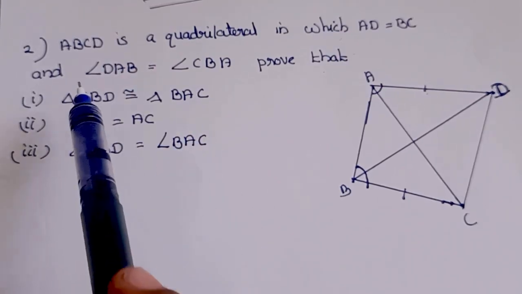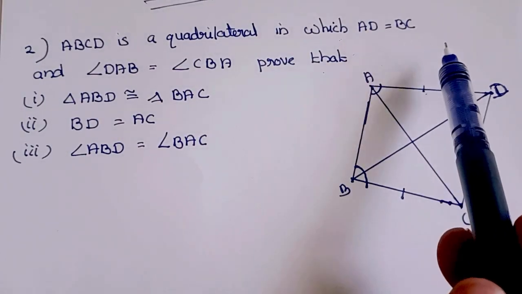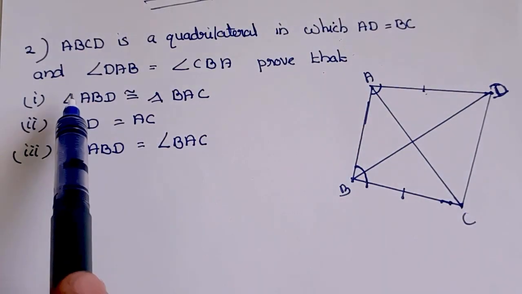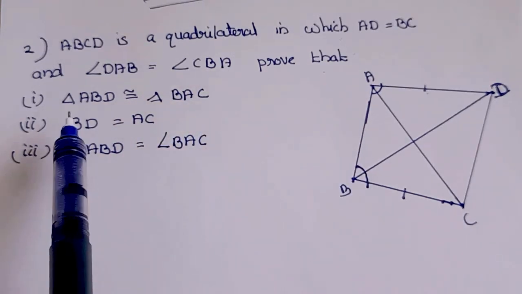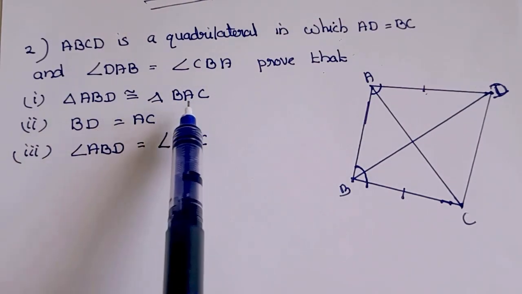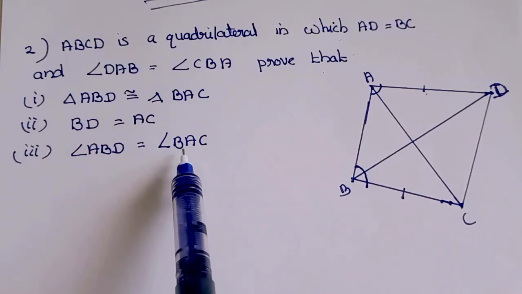Second question. ABCD is a quadrilateral in which AD equal to BC and angle DAB equal to angle CBA. Prove that triangle ABD congruent to triangle BAC, BD equal to AC, angle ABD equal to angle BAC.